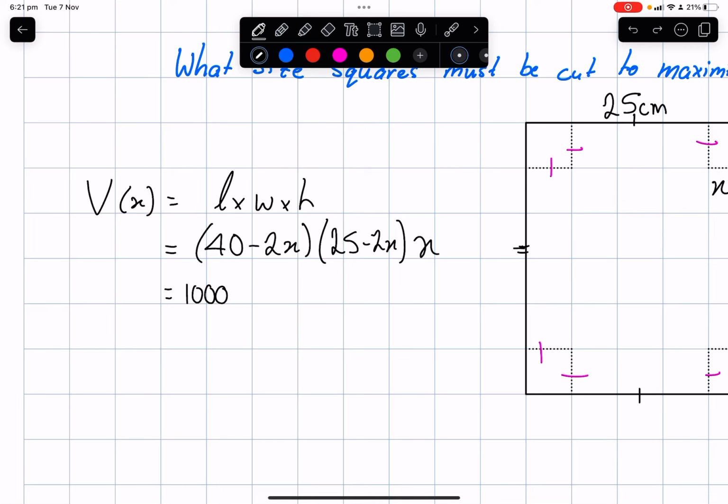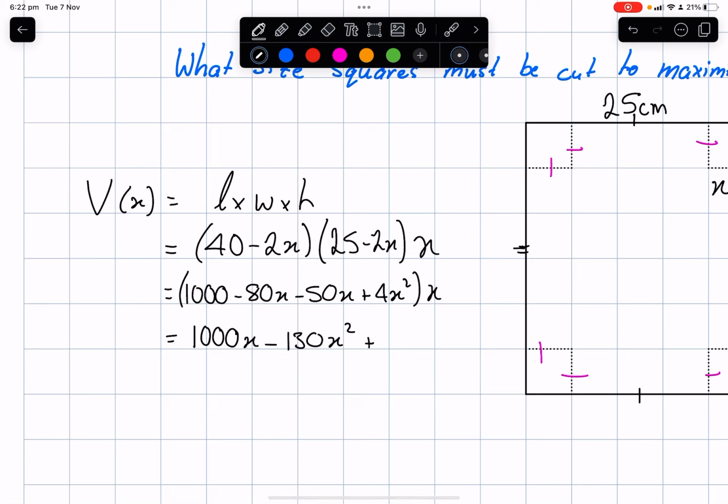I've got 40 times negative 2x, which is negative 80x, minus 50x, plus 4x squared, and all of that is times x. So that means overall I have 1000x, this is negative 130x squared now, plus 4x cubed.